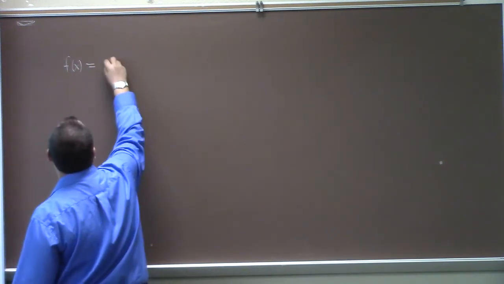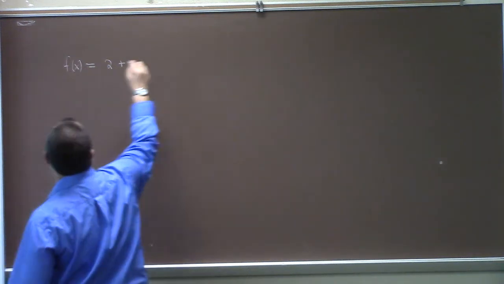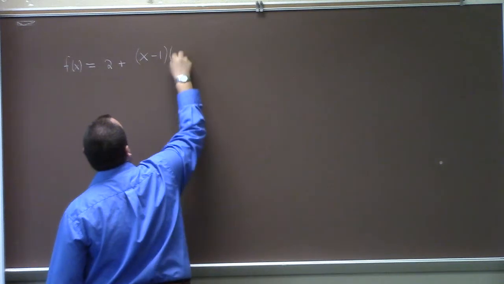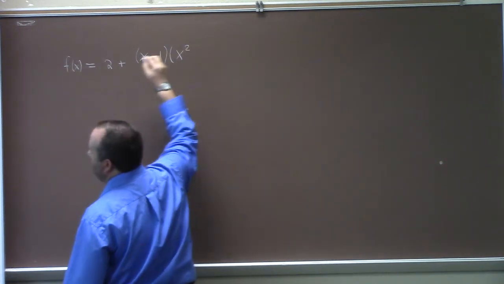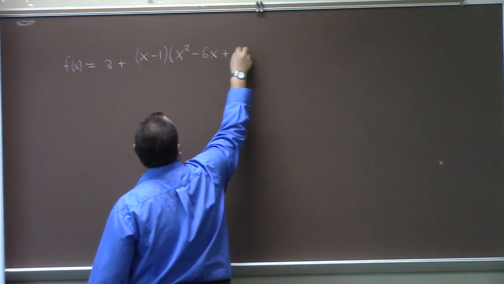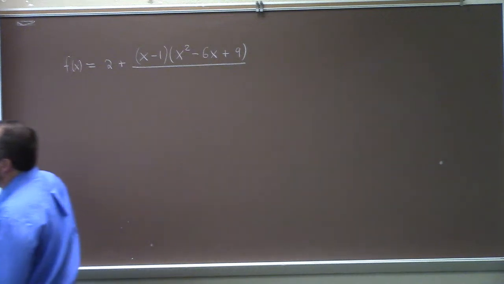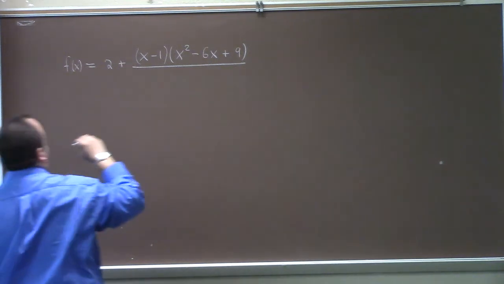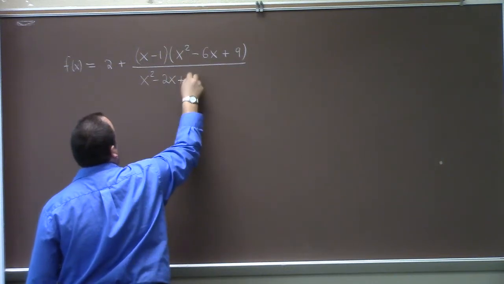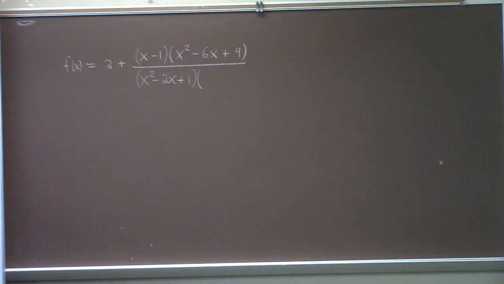So I'll put the corrected one here: x minus 1, x squared minus 6x, divided by x squared minus 2x, x minus 3.